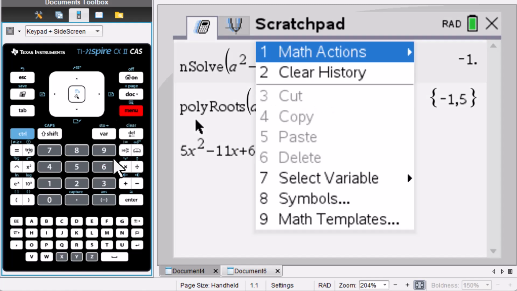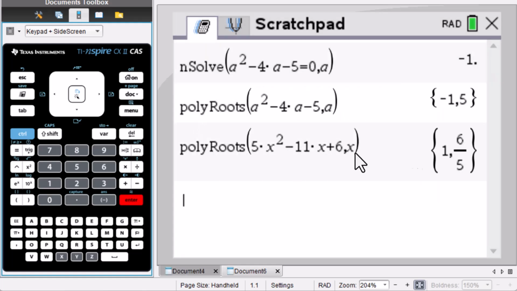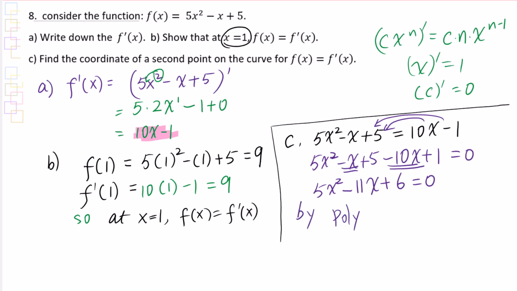Control menu. Enter, enter, enter. x equals 1 or x equals 6 over 5. Since we are looking for a second solution, x equals 6 over 5 by poly roots.